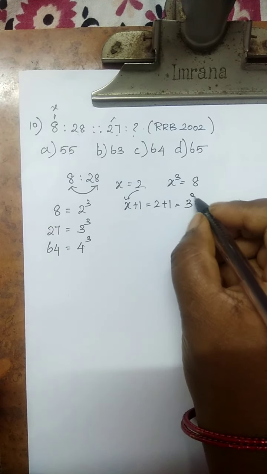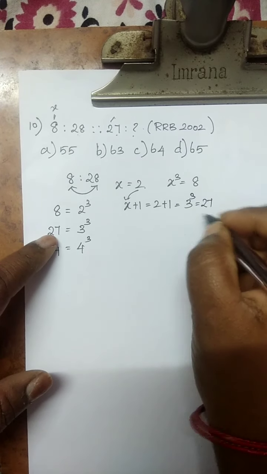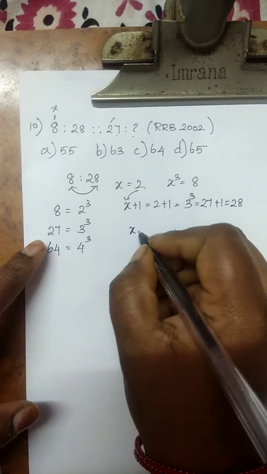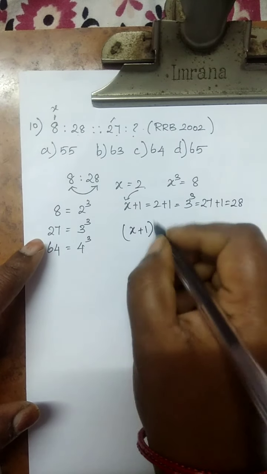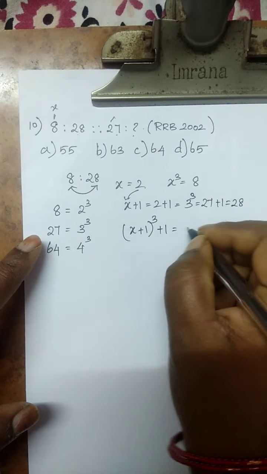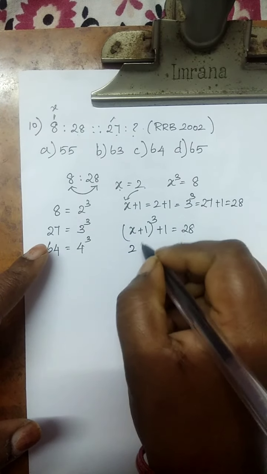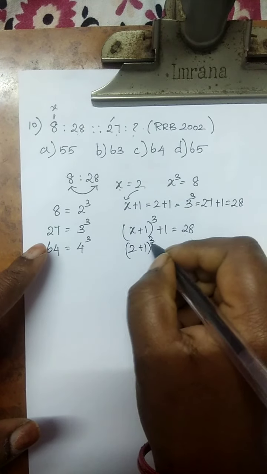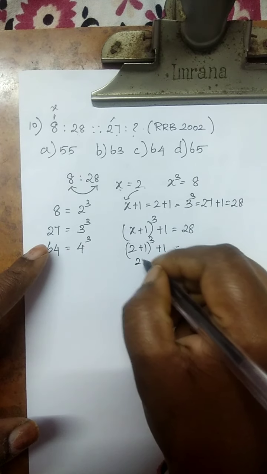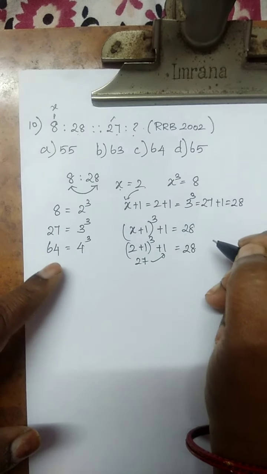Already we know 3 cube is 27. By adding plus 1, we will get 28. That means x plus 1, the whole cube, plus 1 gives 28. Here the x is 2: 2 plus 1, the whole cube, plus 1. 27 plus 1 gives 28.